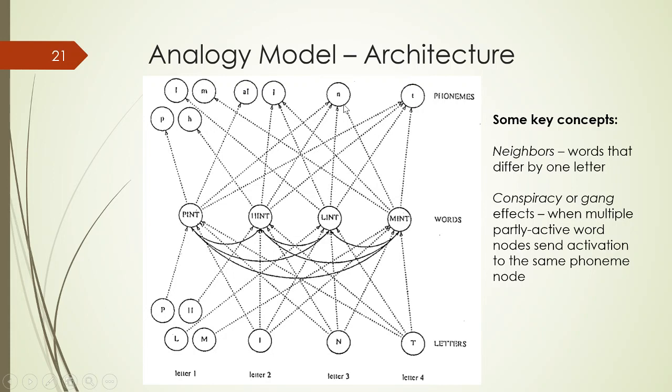Multiple partly active word nodes that are all converging their activation onto at least one common phoneme node. And that's going to be important in thinking about what happens when you present a novel string, such as a pseudo word, to this model.